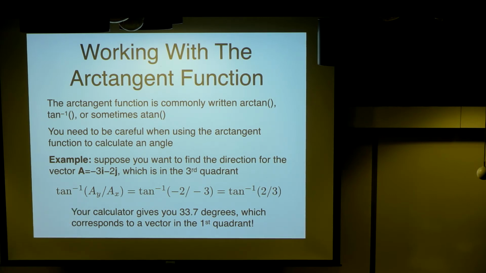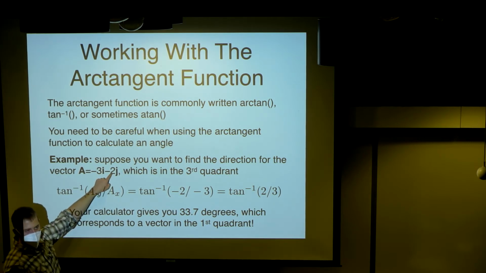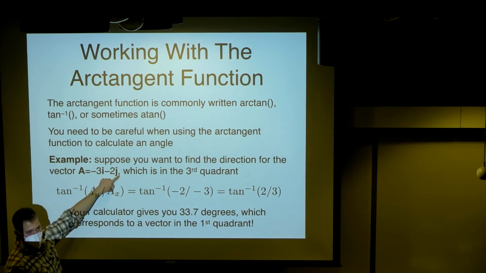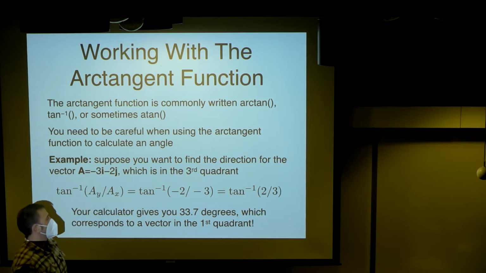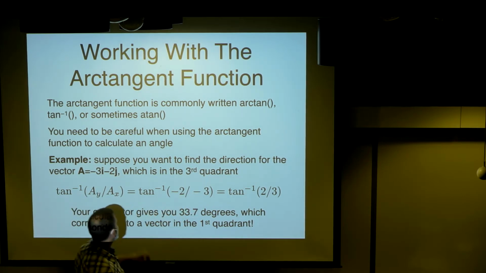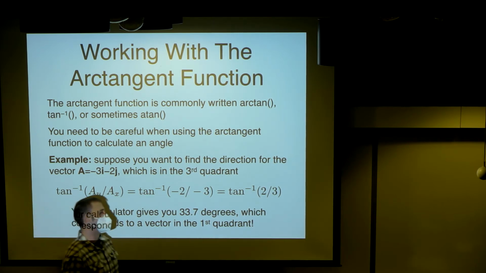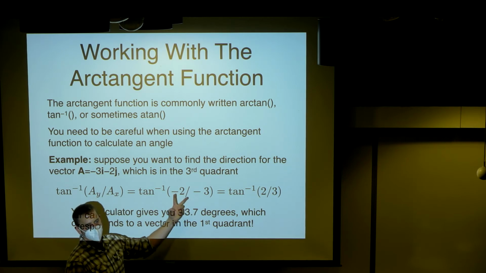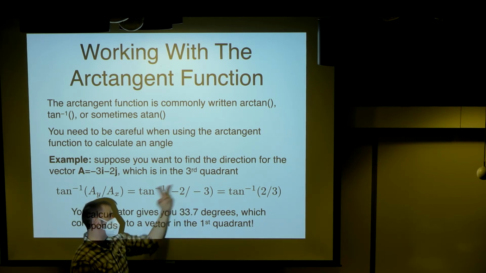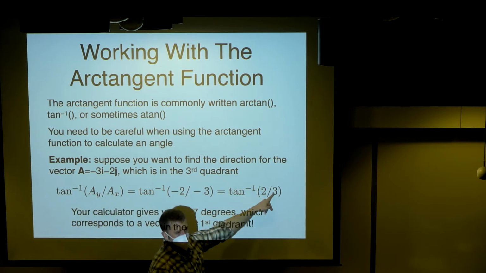So let's just plug the numbers in. Ay is minus 2, because it's associated with j hat, and ax is minus 3, associated with i hat. So inverse tangent of minus 2 over minus 3. Well, the negative signs actually cancel, so that's the same exact thing as inverse tangent of 2 over 3.